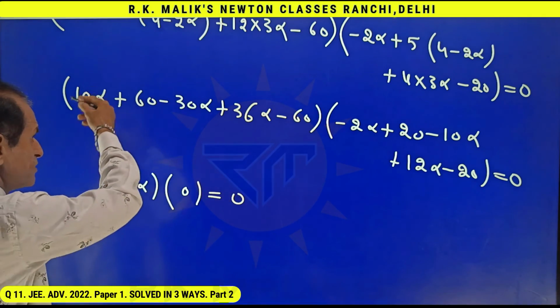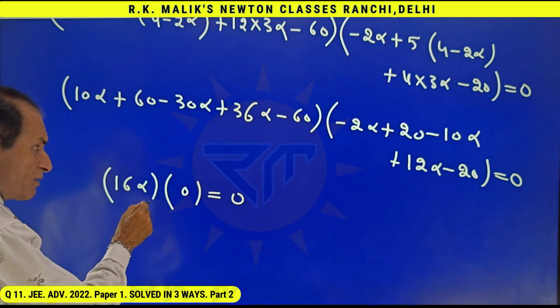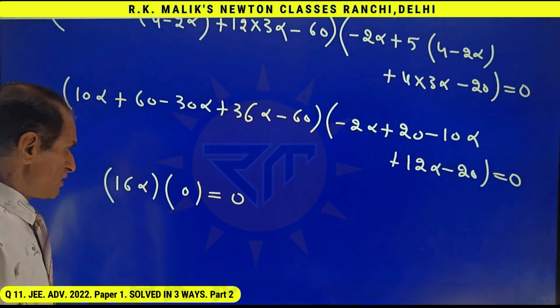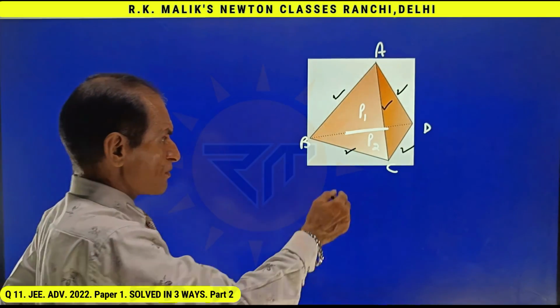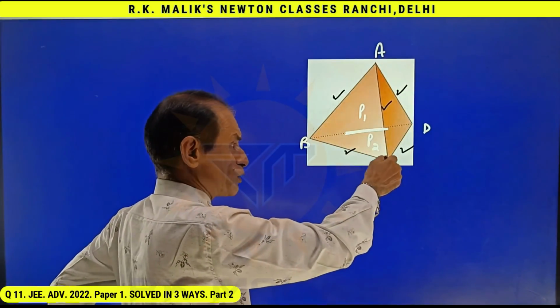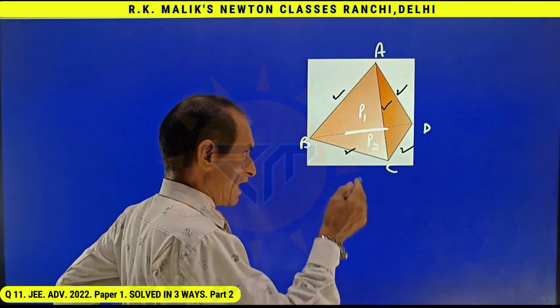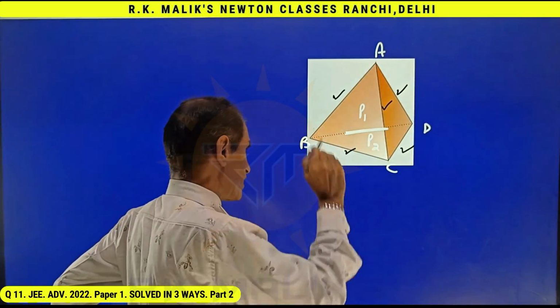Note that this part is becoming 0 for only one value of alpha. This part is 0 for every value of alpha. It means the situation is of the type that the line is lying in the plane P2 and cutting the plane P1 at the position where alpha is 0, that is at exactly one point.